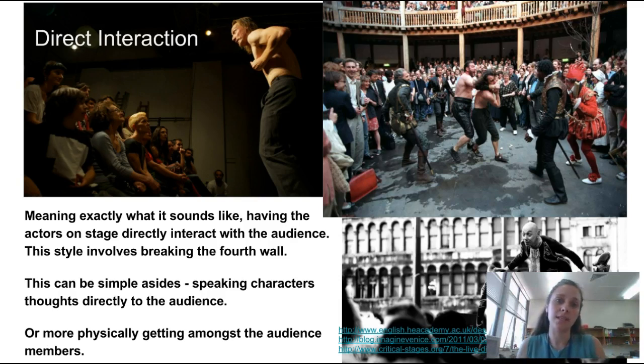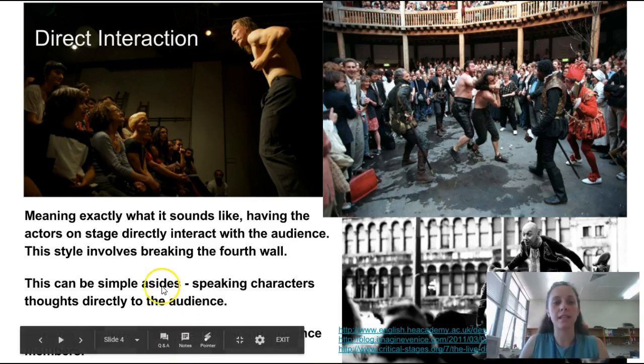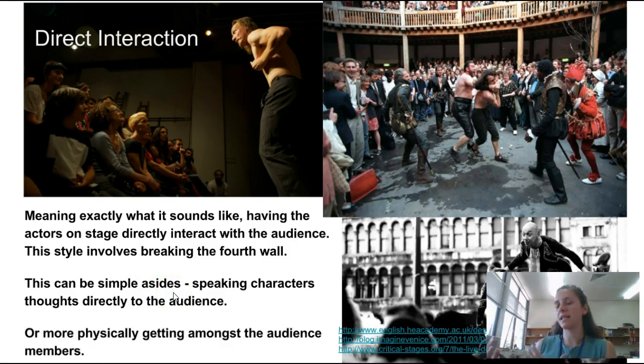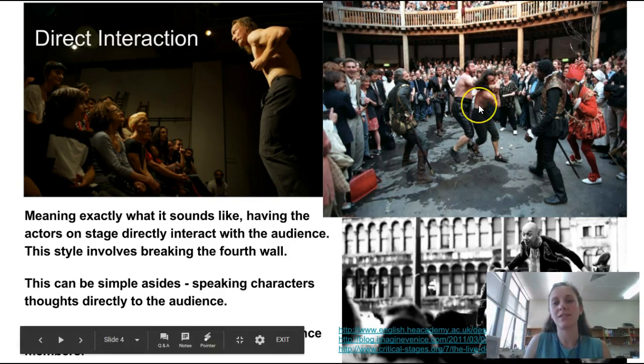It could be like we were talking about the other day, the simple asides. If I am discussing something with another character over here, and then I need to have a moment to collect my thoughts, this person would pause, and then I would direct my thoughts to the audience. This other character doesn't necessarily know what I'm saying. Or getting physically amongst the audience right here.